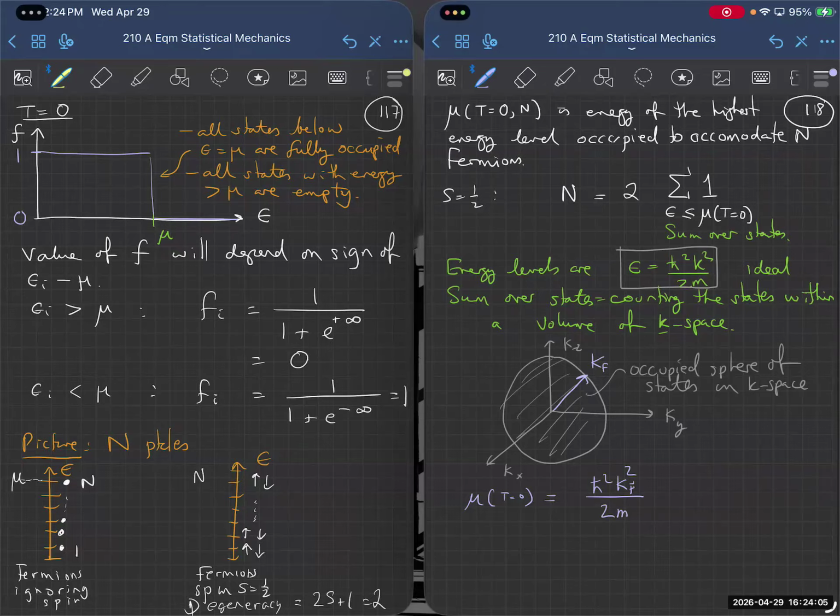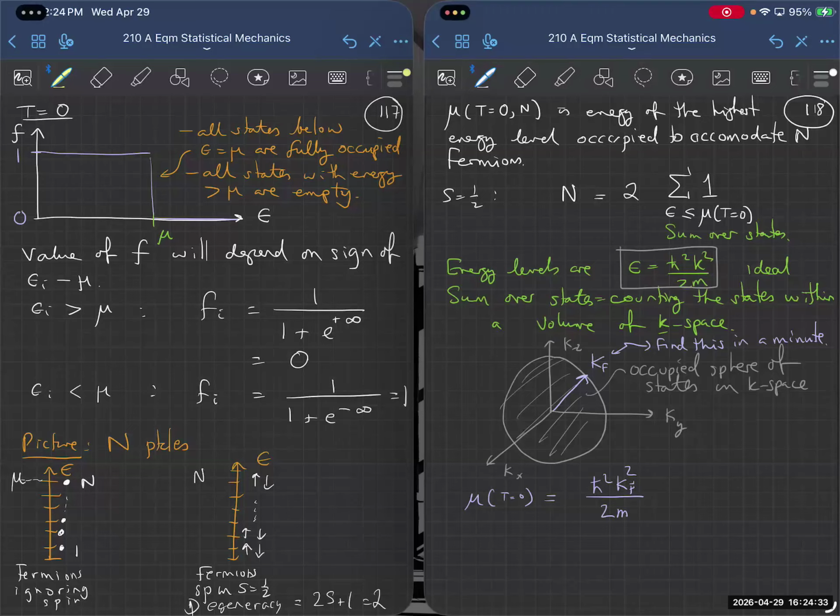We don't yet know what k_F is, so we need to find it. So our picture is that states inside the sphere are occupied, and outside the sphere they're not occupied. So then we can calculate what k_F is.